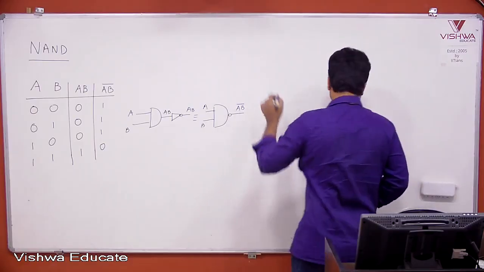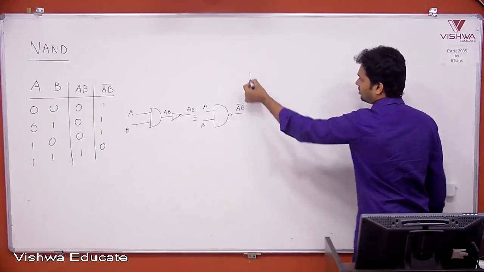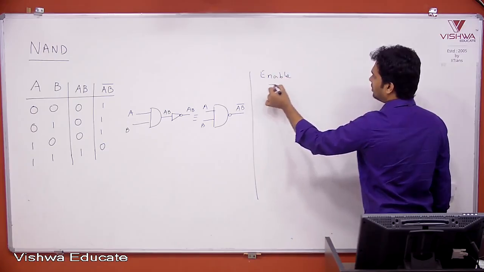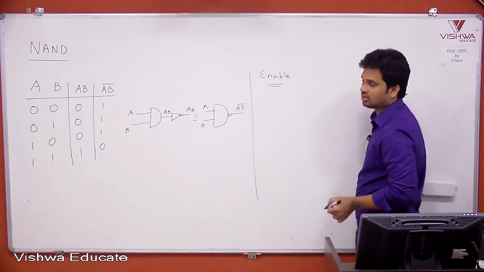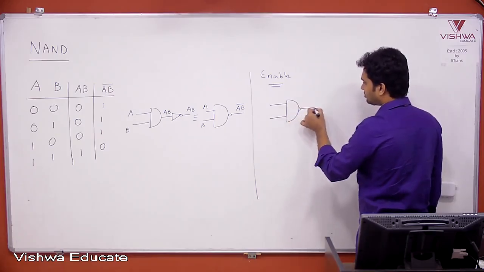Now, as we discussed in the previous lectures also, let us see the concept of enable and disable functions. Say I have a NAND gate.